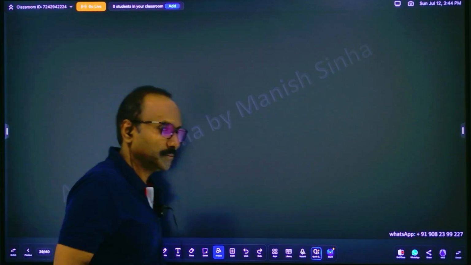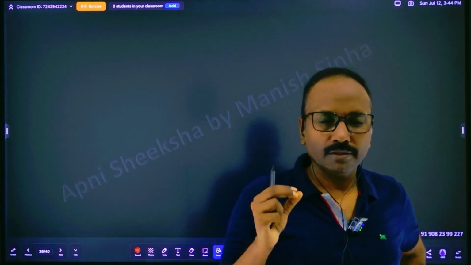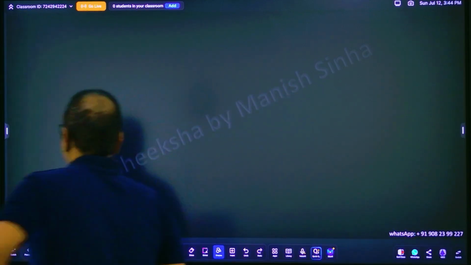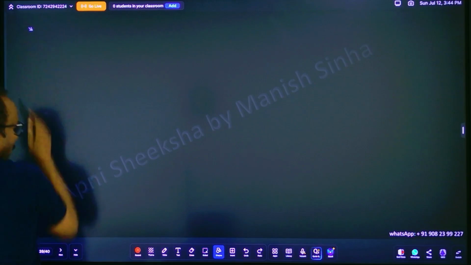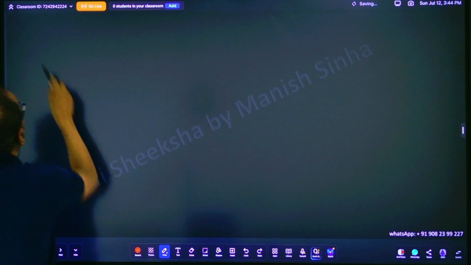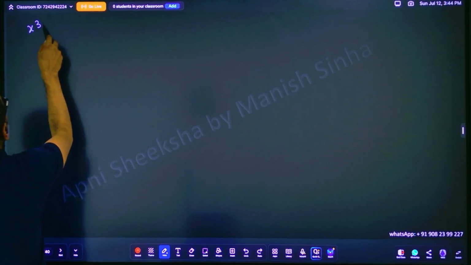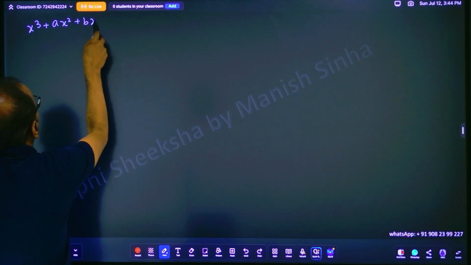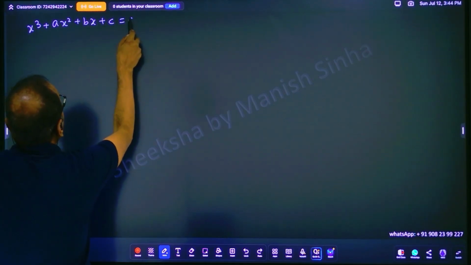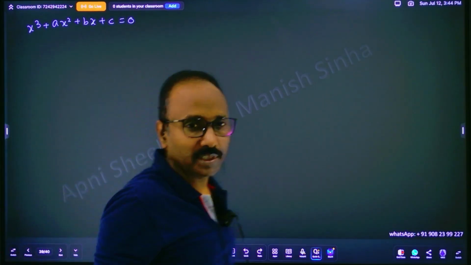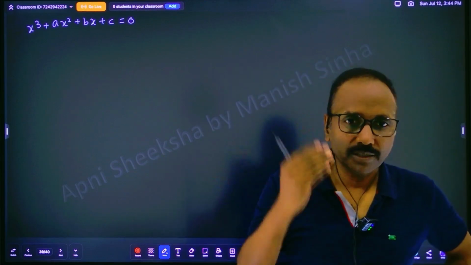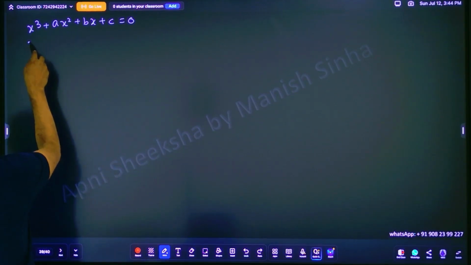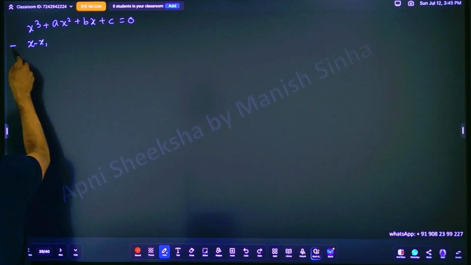Any cubic equation, in general if you write it in this form, x cube plus ax square plus bx plus c is equal to 0. If it is having 3 roots, let us say x1, x2, x3, this means it will have 3 factors. It can be written like this.